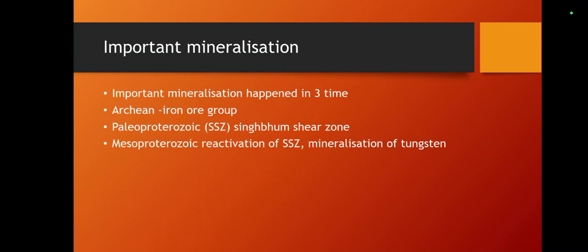So in the examination many can ask what is the logic behind how this iron ore group actually is being formed, and how the Singhbhum shear zone is being formed, and finally how the different reactivation of Singhbhum shear zone and mineralization of tungsten is being formed in the Singhbhum craton.